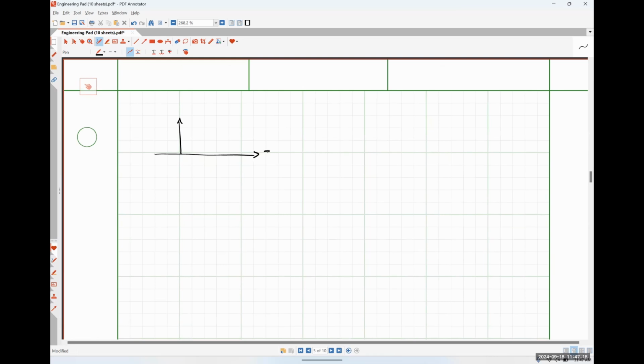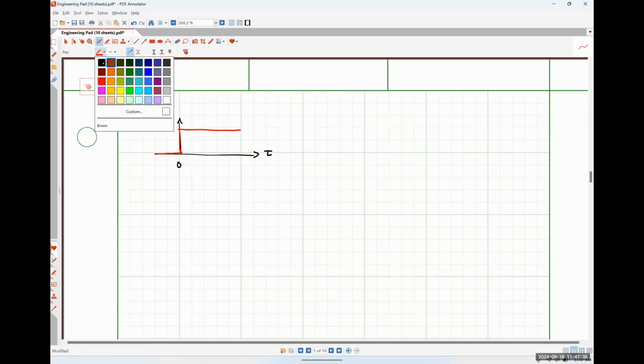So here is tau. This is 0. What I have drawn here is u of tau. Let's say that t is just some point in time as tau ranges from 0 to infinity.